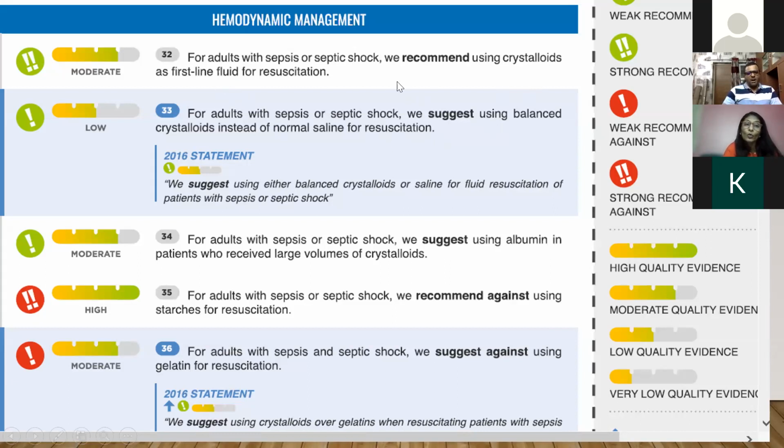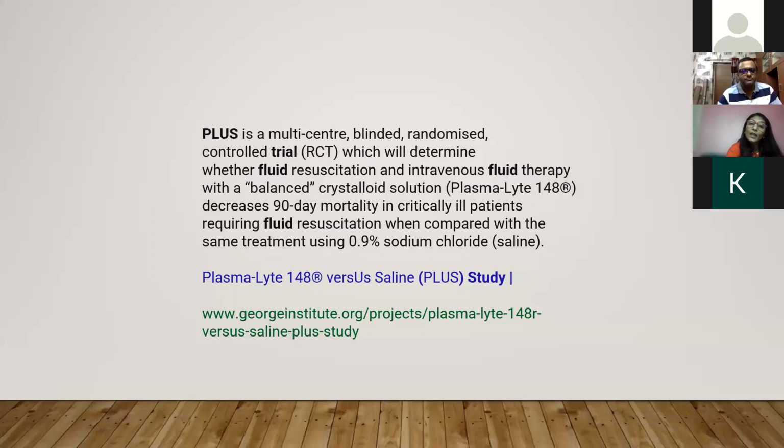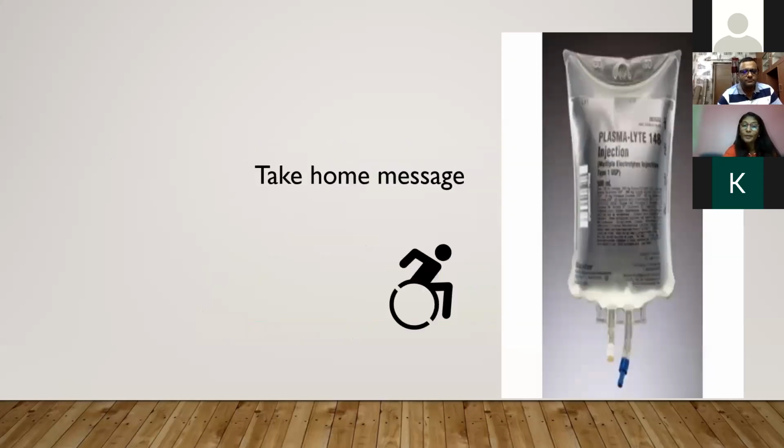Though this is again low quality evidence, it has been a clear suggestion in the Surviving Sepsis guidelines. There is again a large multicenter trial, PLUS, which is awaited. This is happening in 4 ICUs in Australia, and it is comparing balanced solutions with saline for 90-day mortality.